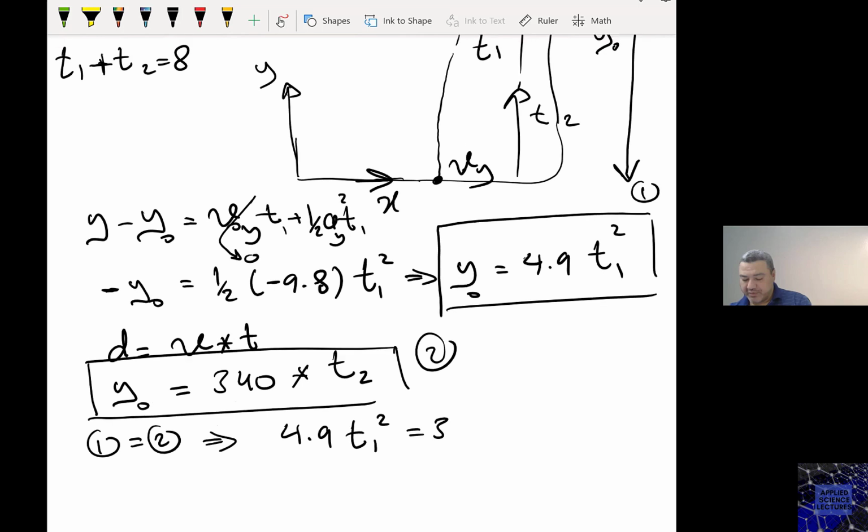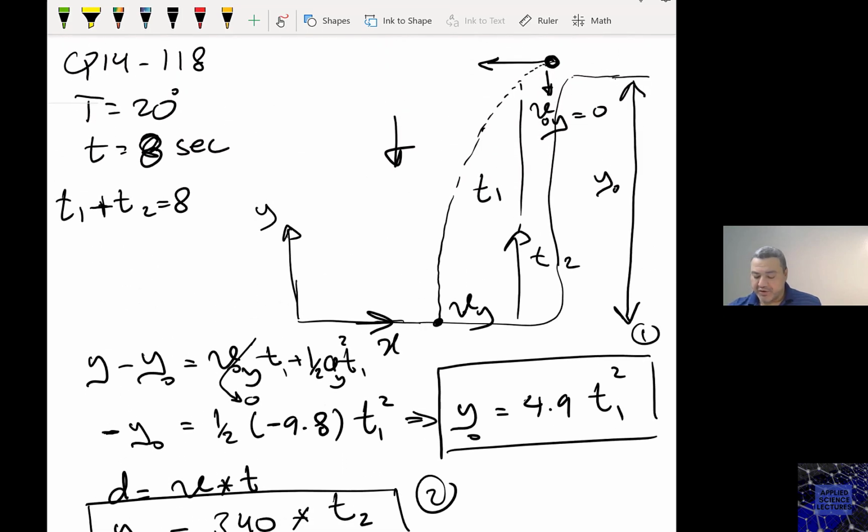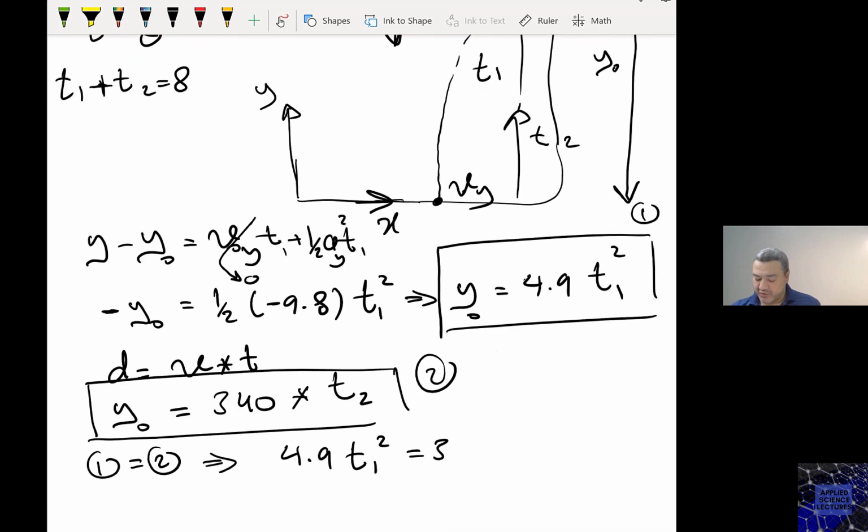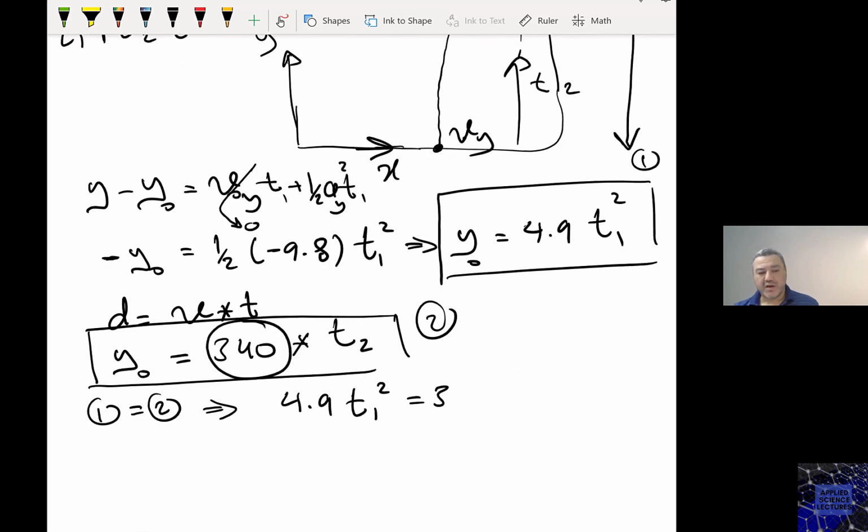Okay, let me back off here. I have the temperature here. If I am to consider the temperature, I don't use the 340. I have to use a more precise number. Let me show you. There's an equation that we can use, and by the way, we're flexible in that sense. If I bring you this question in the exam, I'll tell you what type of sound speed in air you should be using.